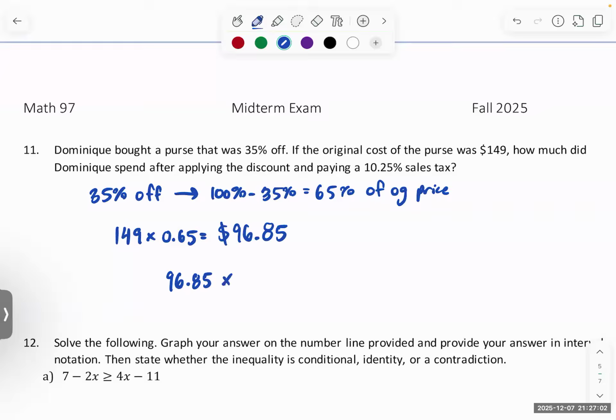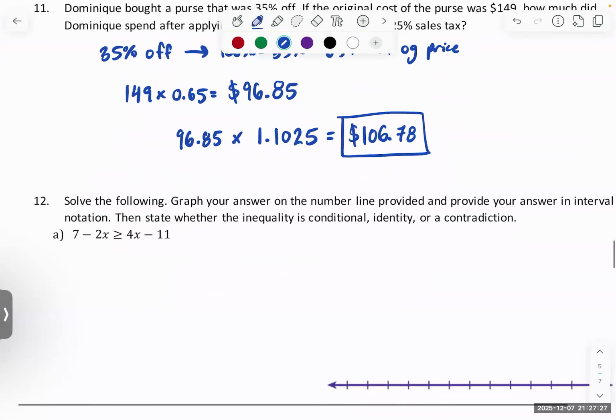The tax is going to be: move the decimal place over twice and add 1 to it, 1.1025. Multiply that, and after tax you get $106.78. That's how much she paid with the discount plus the tax.